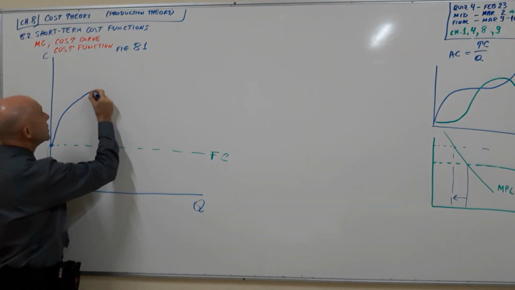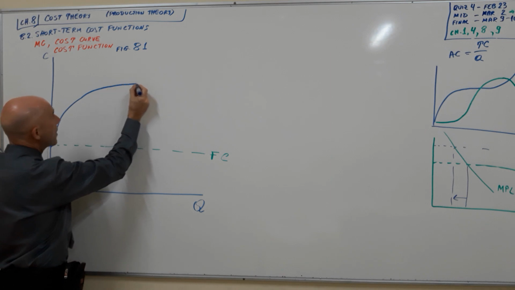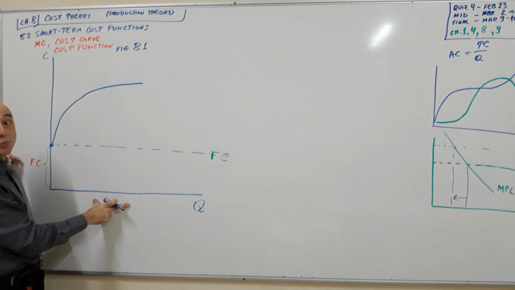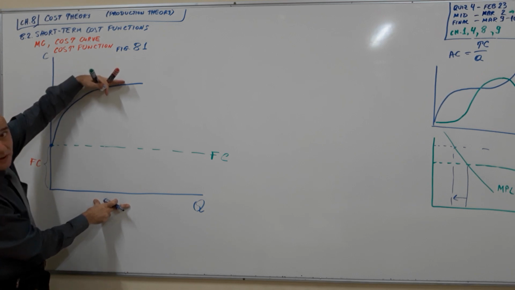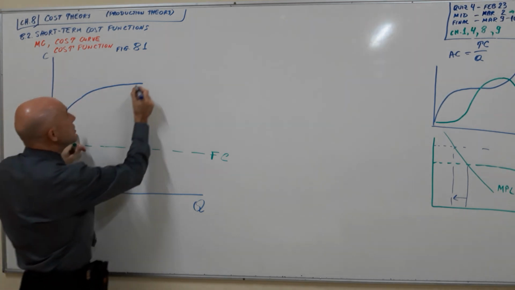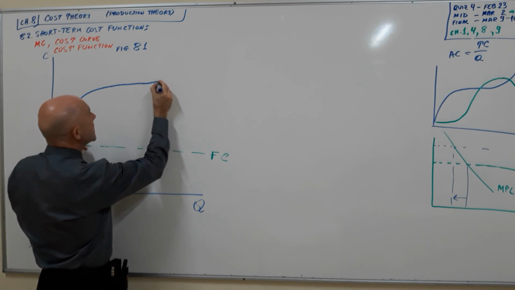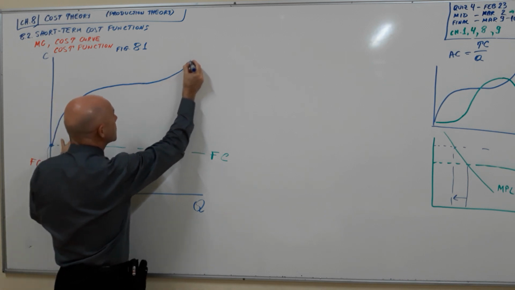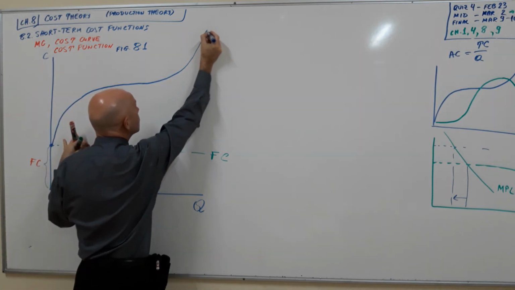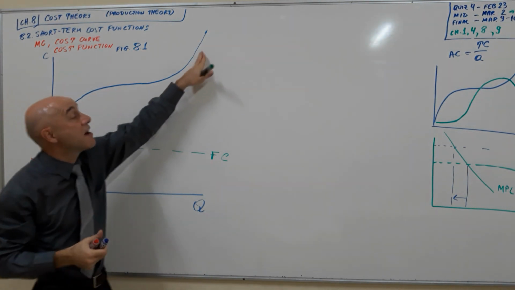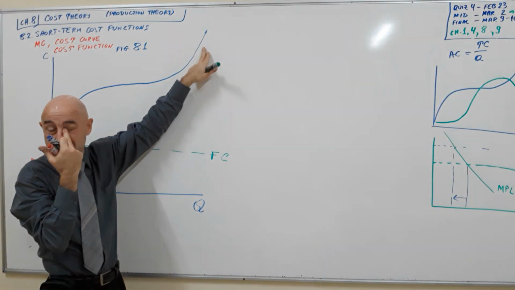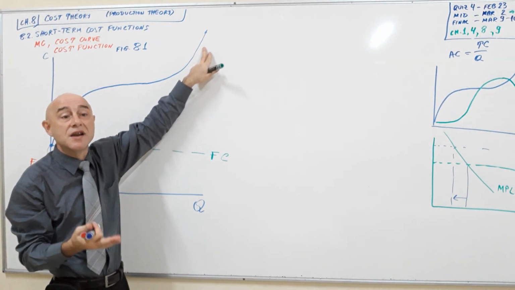Then costs grow very slowly. In other words, output grows fast and cost grows slowly. Okay? You have here economies of scale, and then somewhere here costs begin to rise sky high because here you hit some limits.